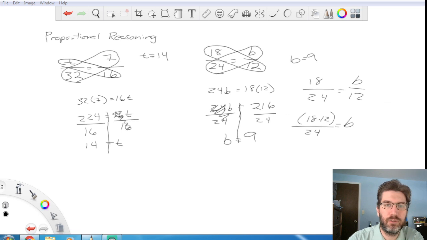Moving on, I want you to look at the map scale problem.